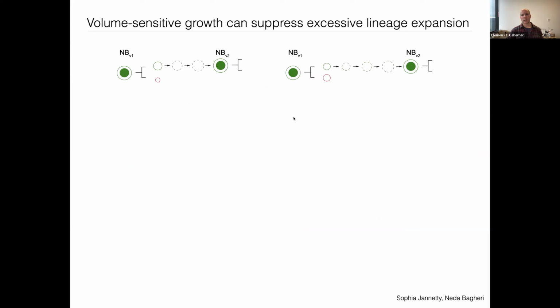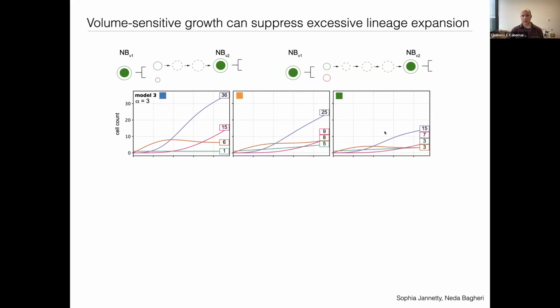So we modeled whether starting with a smaller population of neural stem cells, this could essentially prolong cell cycle and therefore lineage expansion. And indeed, by simply modeling this regrowth rate, we could see that in mud and nanobody, we can recapitulate the numbers in the model we see in vivo.